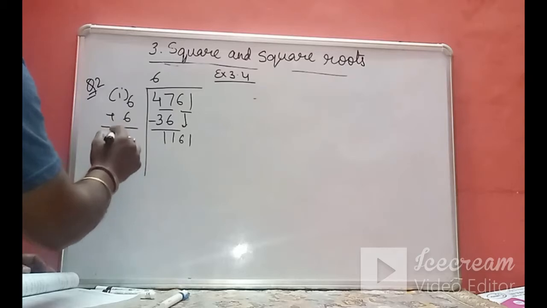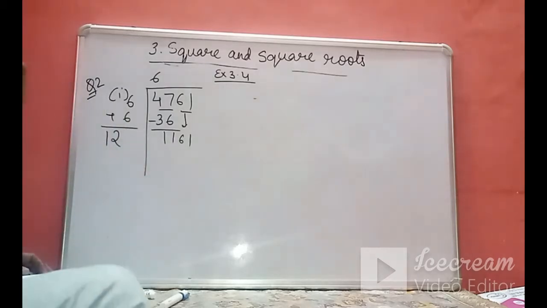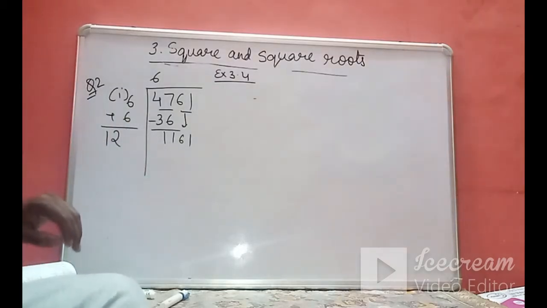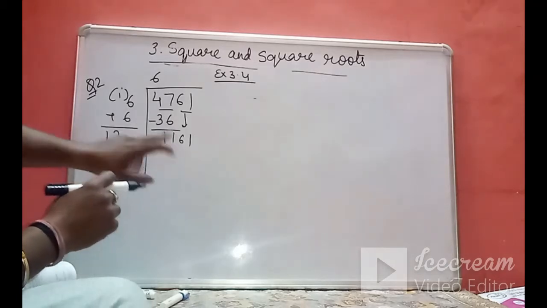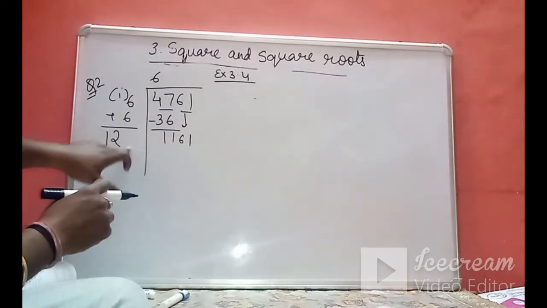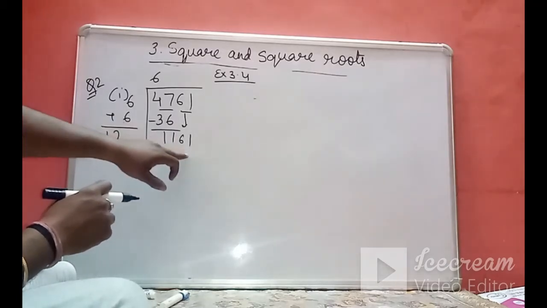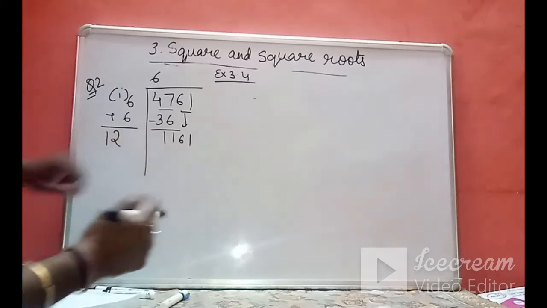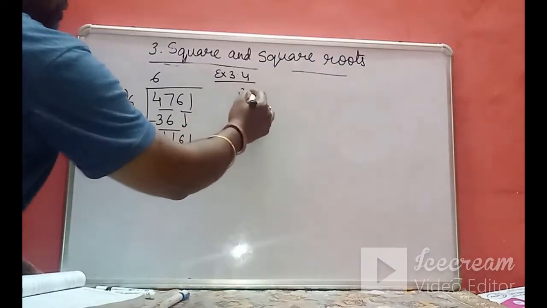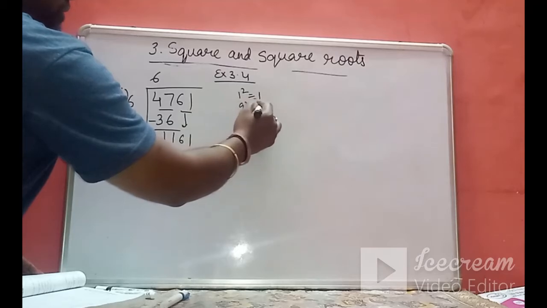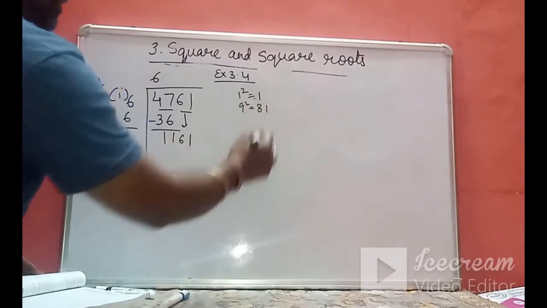So it becomes 1. Now see, a method to find this number. Okay, so if you remember, 1 square was 1 and 9 square was 81.